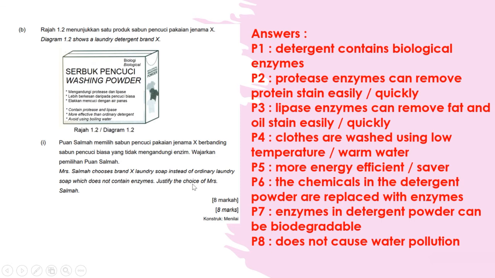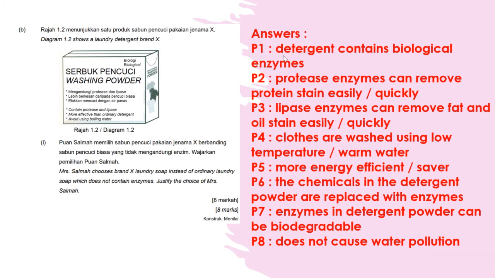She chooses a washing powder which is brand X laundry detergent, which is a biological detergent. So you have to give the points that support the choice of Mrs. Salma. Alright, so this is the suggested answer for question B1.